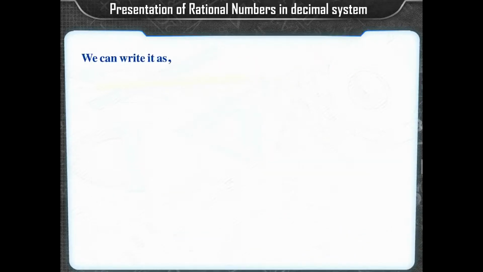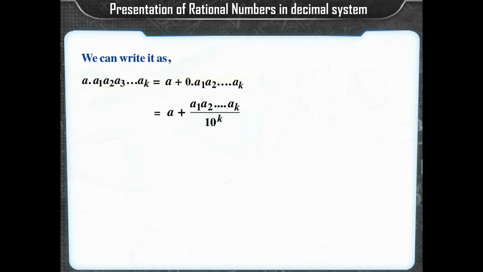We can write it as follows. A.A1, A2, A3 up to AK is equal to A plus 0.A1, A2 up to AK, which is equal to A plus A1, A2 up to AK upon 10^K, which is equal to A plus A1, A2 up to AK upon 2^K into 5^K.